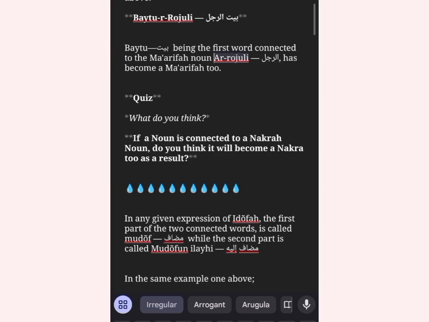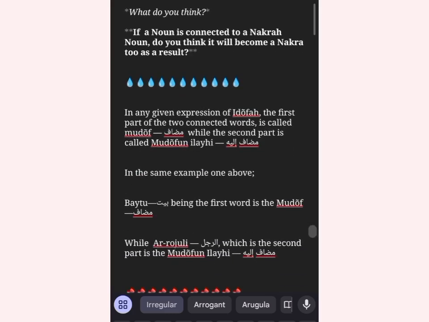We already said when a noun is added to a ma'rifah noun, that noun becomes a ma'rifah. But does that mean that when you add a noun to a nakira noun, it becomes a nakira too? I would like to see your view on that in the comment section. All right, so let's move on from here.